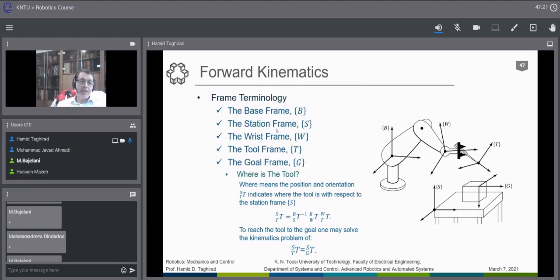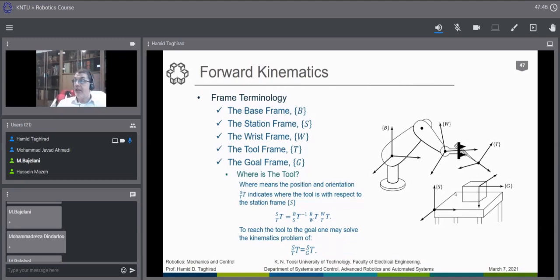For example, the base frame is considered as the B frame. We also have the station frame. Usually the robot is put somewhere, but the workspace is on a station or on a conveyor or some place where something should be picked up or manipulated.